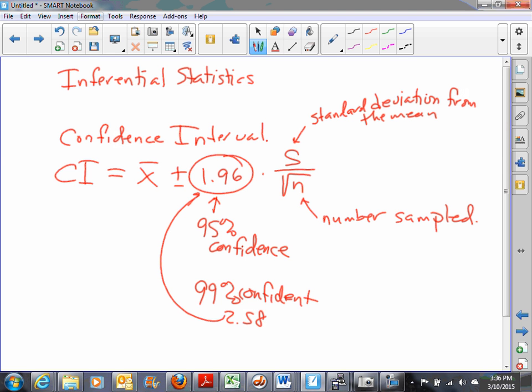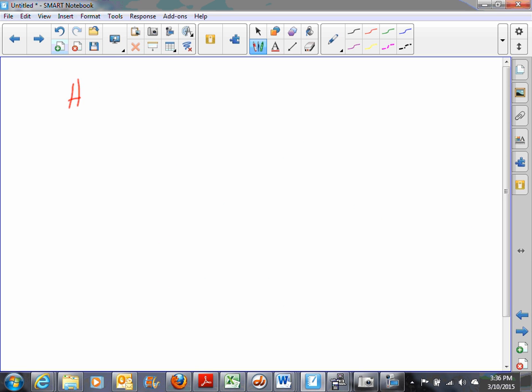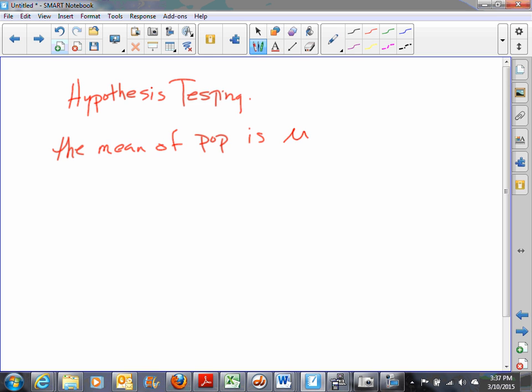Now, the next thing we talk about in inferential statistics is a thing called hypothesis testing. In hypothesis testing, what you're going to be doing is stating something like, I think the mean of the population is, let's say, mu equals 6.